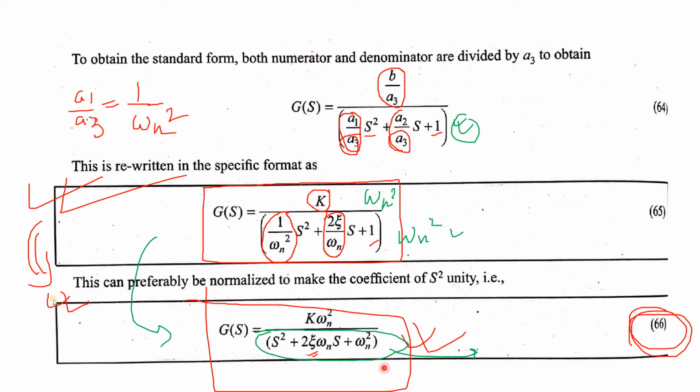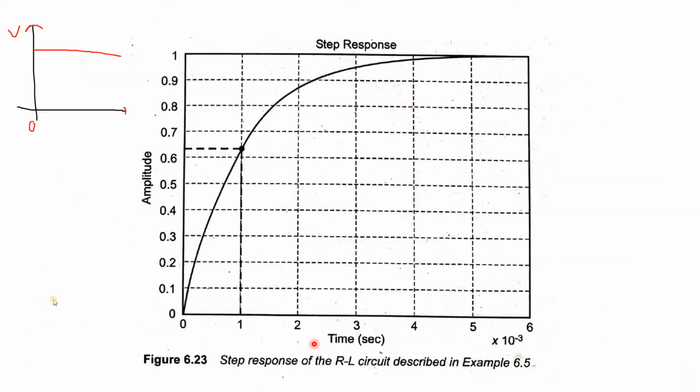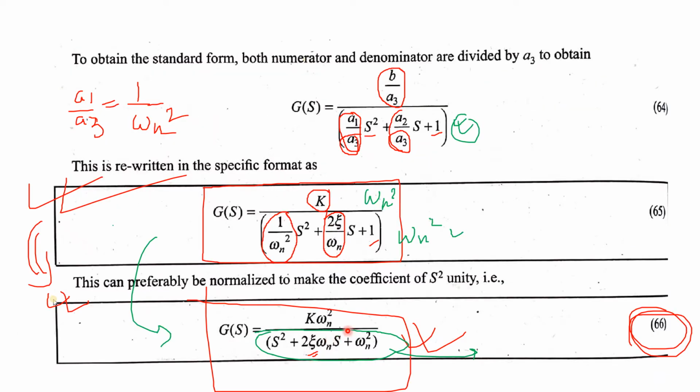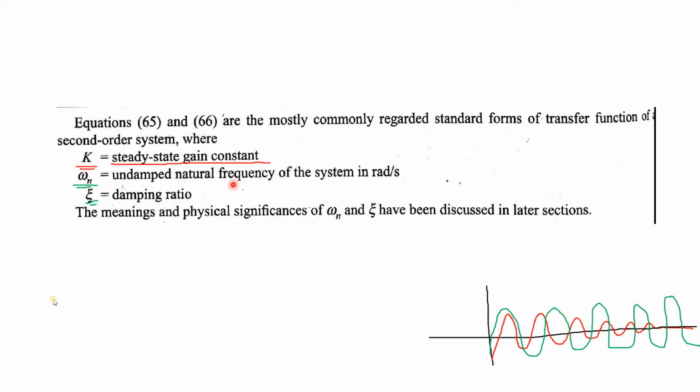So this is a second order system, and the transfer function has to be written in this way, where every constant associated with these middle terms has some name. The last one is called the natural frequency, and this is called natural frequency multiplied by damping ratio.